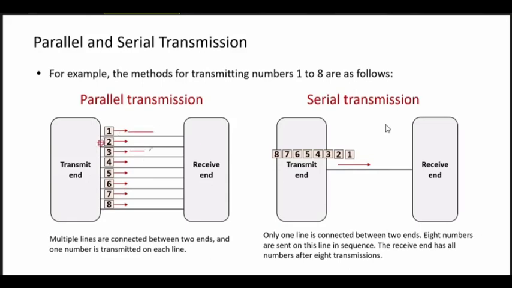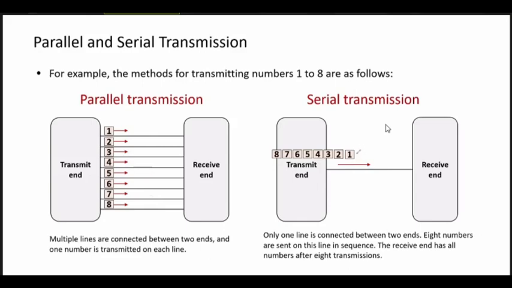So some data all goes first, these all reach the end, and then this data doesn't reach the end. That's where data error situations can happen. So parallel transmission is fast, but compared to serial it is, in some sense, less safe.